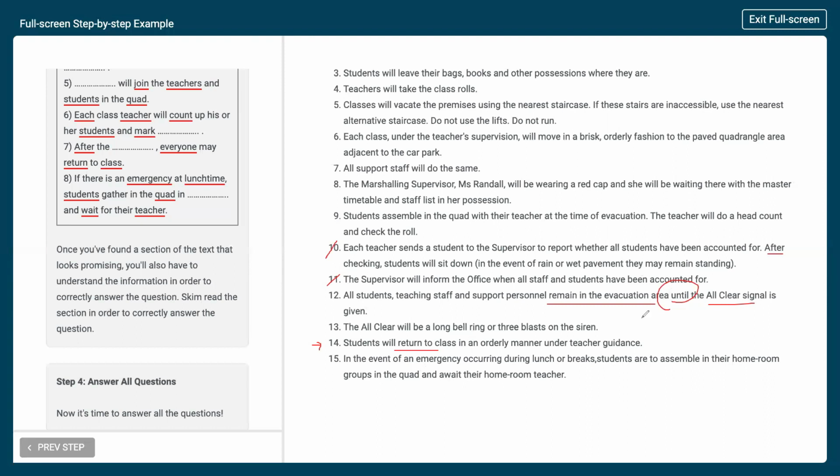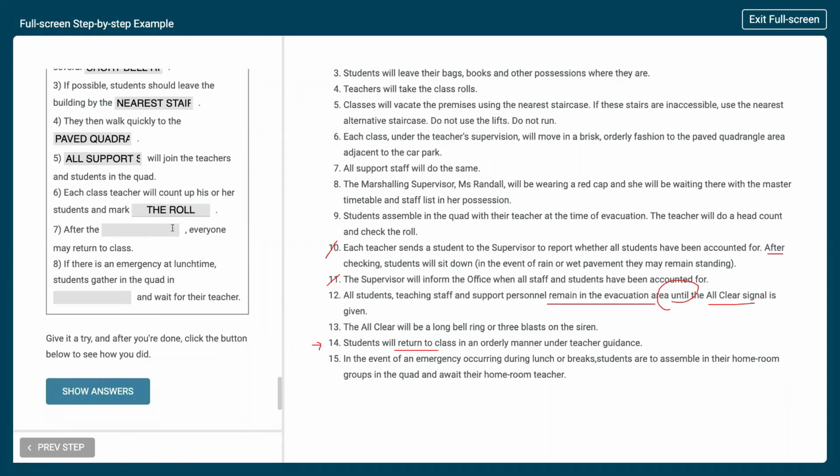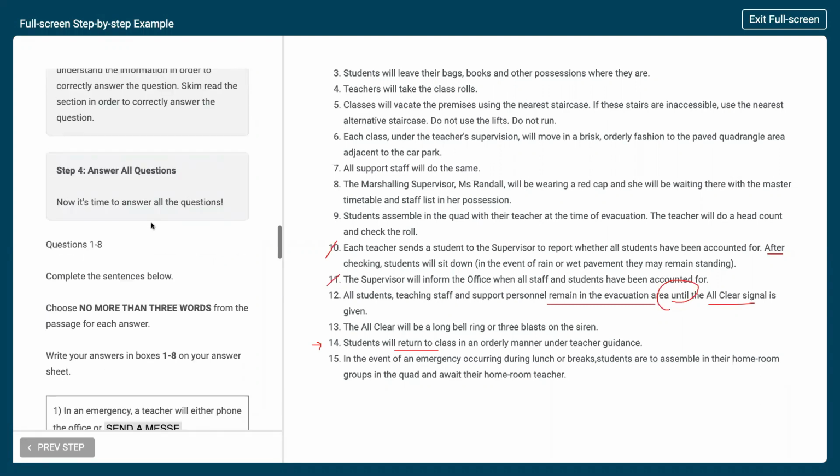So since it says until, we know that students are in the quad area until the all clear signal is given. After it's given, they may return to class. So I'm going to write here all clear signal, because that is exactly how it is written here. It fulfills the instructions as well because it is 3 words. So there you go.